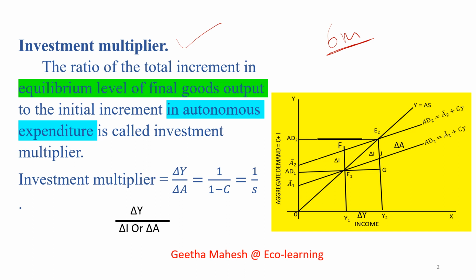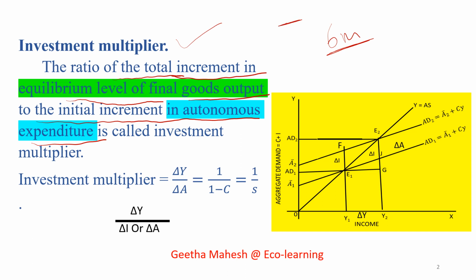Here investment multiplier is a ratio of total increment in equilibrium level of final goods output to initial increment in autonomous expenditure. What do you mean by this? It is a ratio.